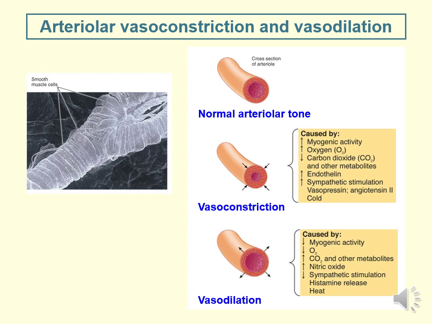So there's a whole vast range of different things which can cause vasoconstriction and vasodilation of the arterioles, and by altering the diameter of these blood vessels, you in turn influence the blood pressure.